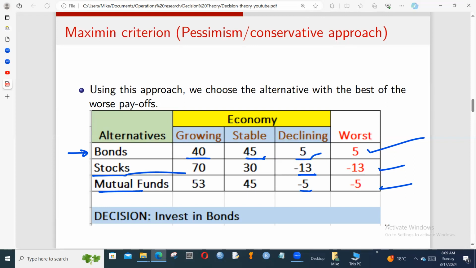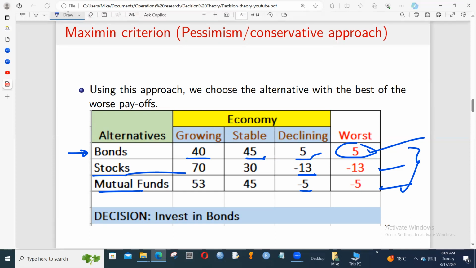So out of these worst scenarios, what is the best? The best scenario, in other words, where you feel the least hit, is when you're getting $5. You would rather be getting $5 than getting a loss of 13 or a loss of 5. You would rather get a profit of 5.